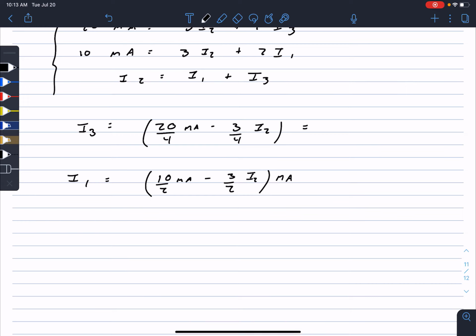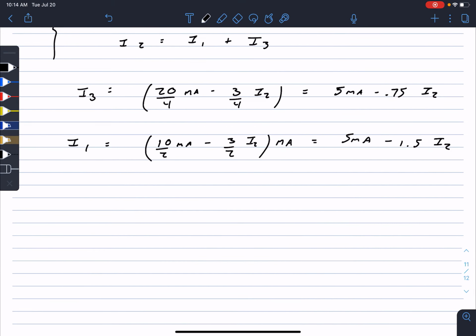So this is 5 milliamps minus 1.5 I2. This is going to be 5 milliamps minus 0.75 I2 because 3 over 4. Oh, I did that backwards. Sorry, I was just looking at this and writing it down, and here we go. 1.5. There we go. So these are in terms of I2. That's great.